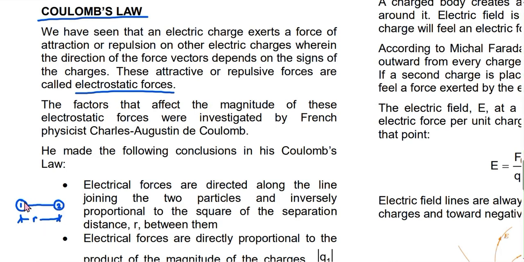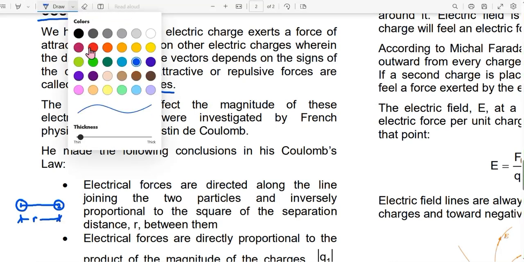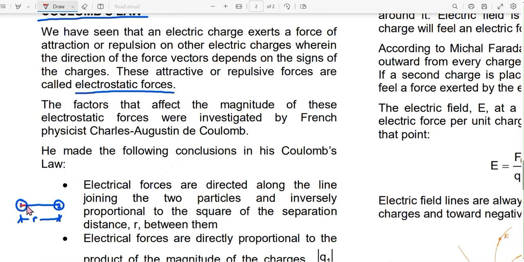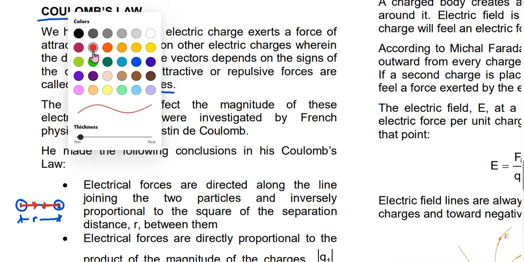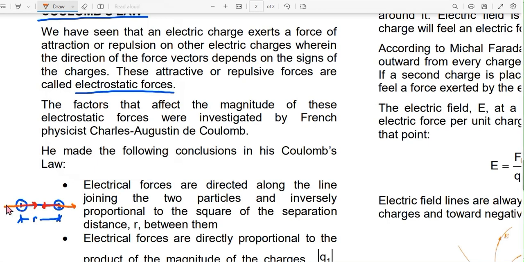This r is the distance between their centers. The force acting on them could be directed towards each other if one is positive and one is negative, or directed away from each other if both are positive or both are negative.